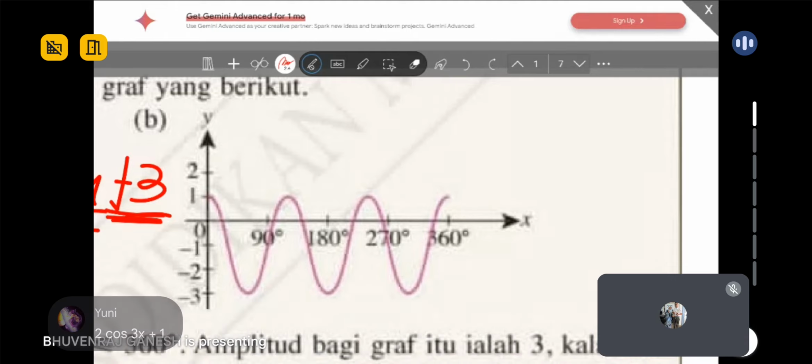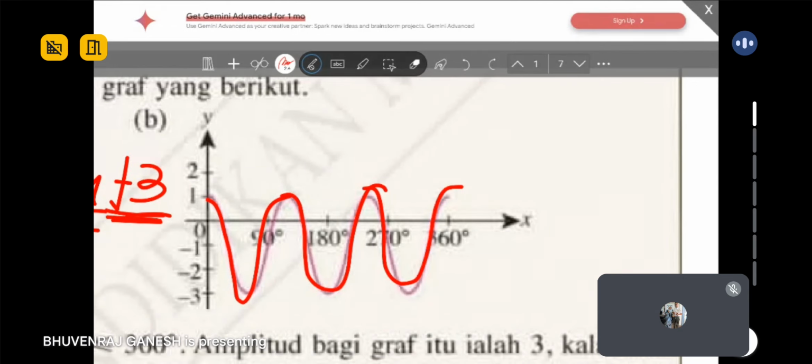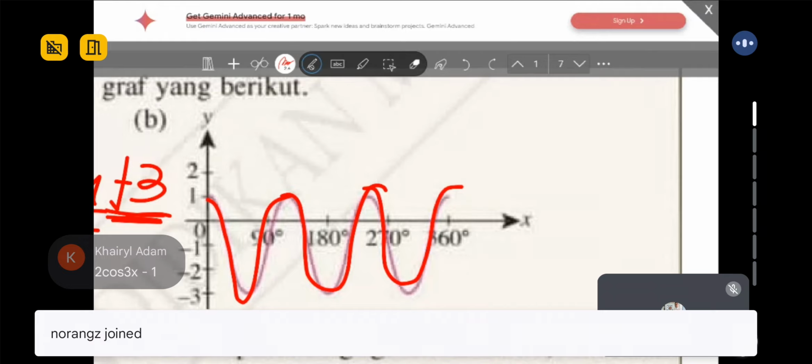B represents the number of complete cycles. So guys, 1 cycle, 2 cycles, 3 cycles. So nilai B pasti kena 3. Tak boleh 2. Okay, your B value confirm 3. Very close. Got a slight mistake only. Sikit silap saja kat akhir. Just a small mistake.